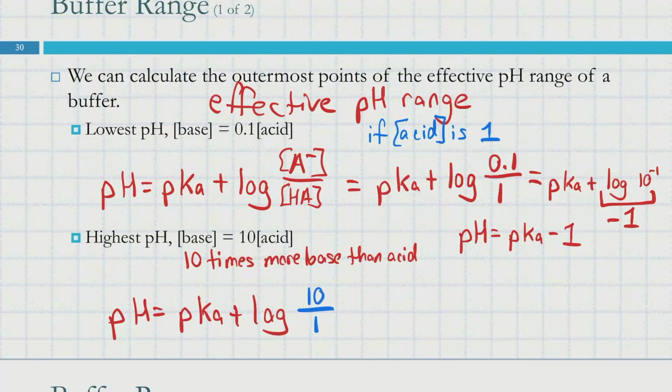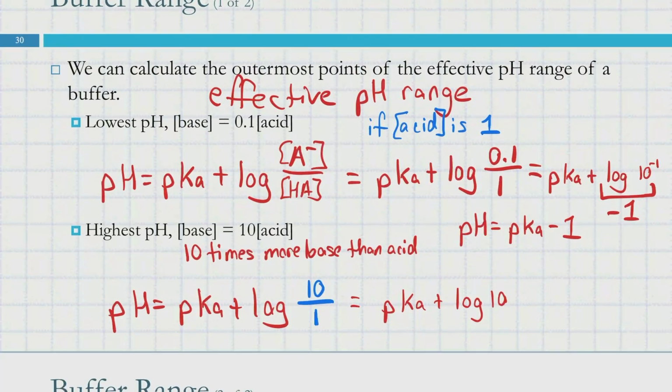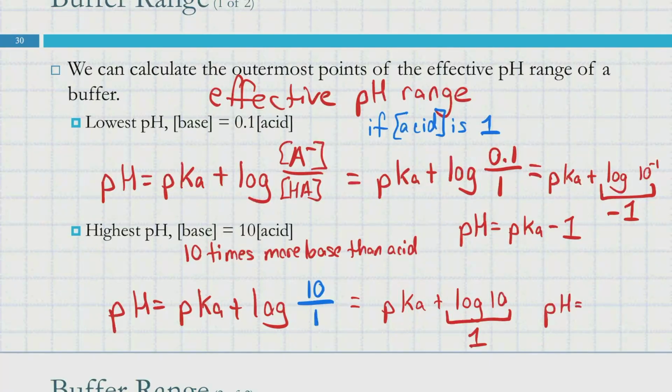So we're going to have 10 for our concentration of base. So pKa plus log of 10. 10 raised to the what power gives us a value of 10. Solving that logarithm, it's 1. So pH equals pKa plus 1.